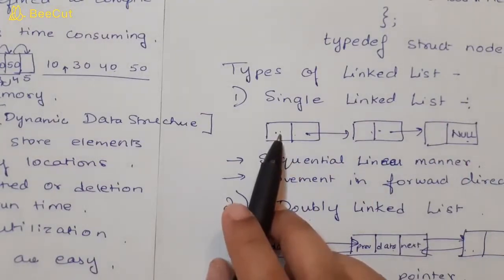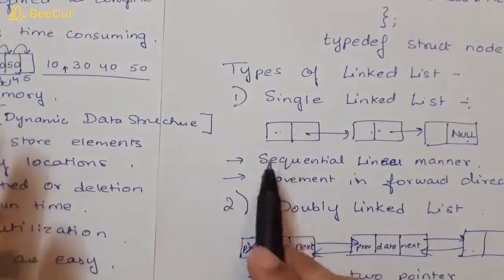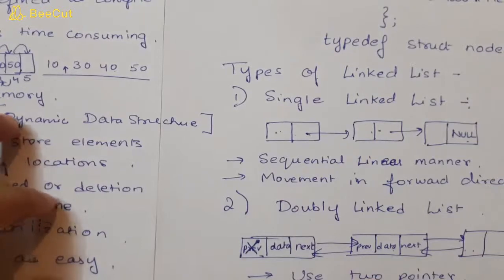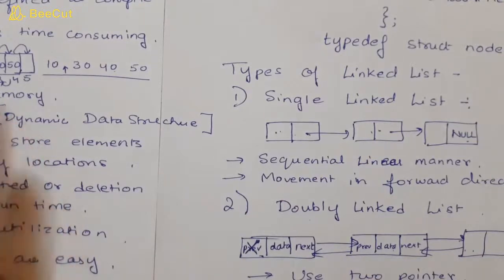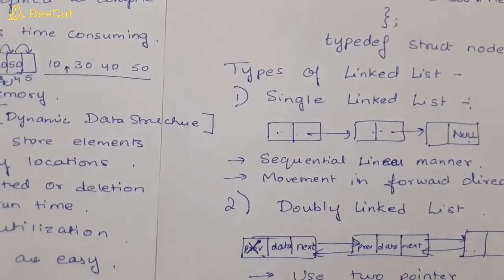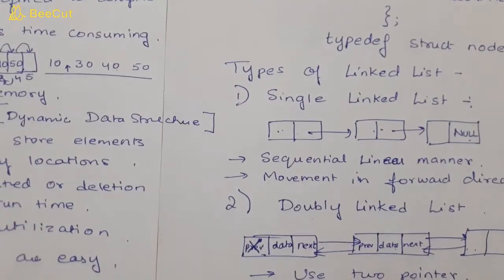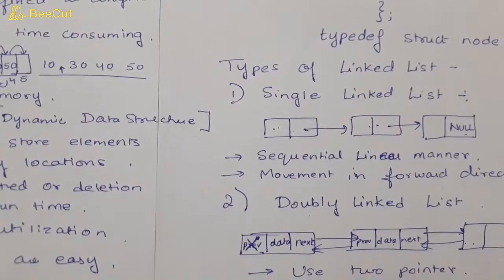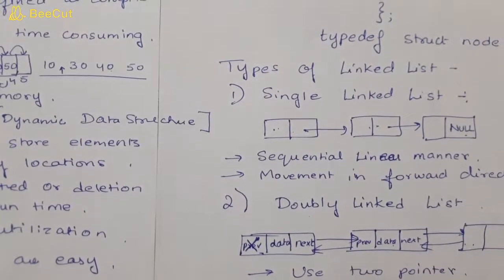Now in case of an array, we discussed the base address. If you want to access any particular element in an array, and you know the base address, you can access any element in that array. Similarly, here also this concept of head node is used.